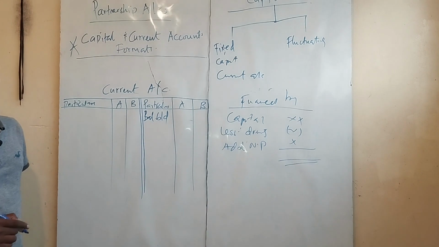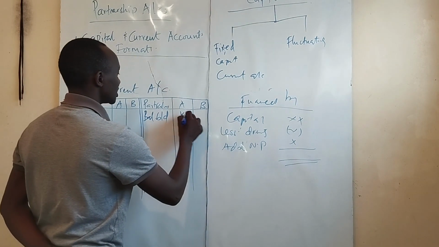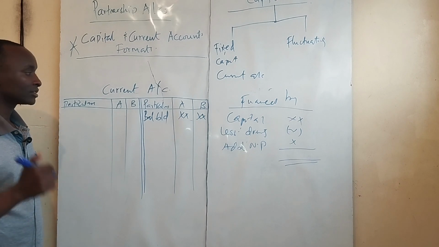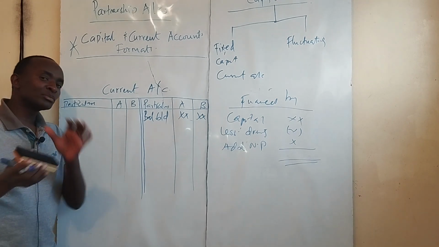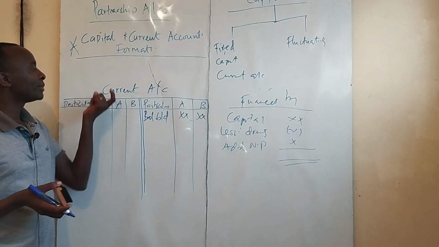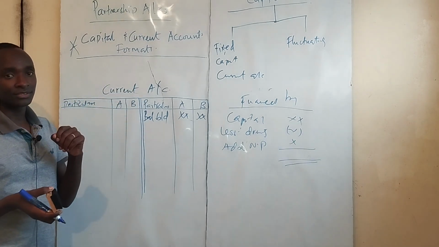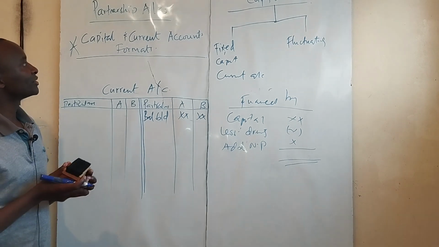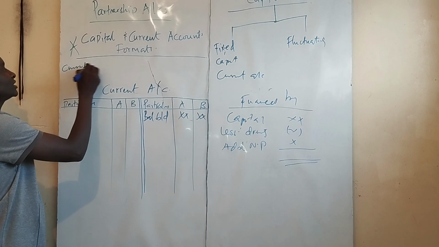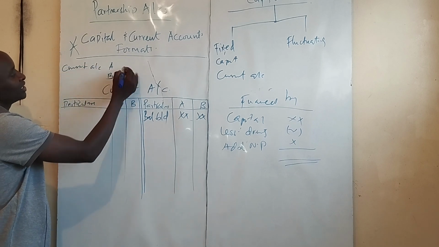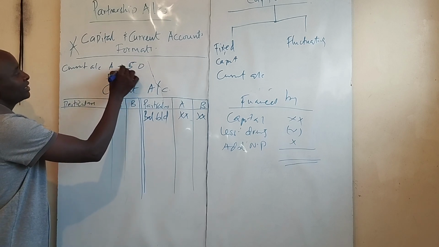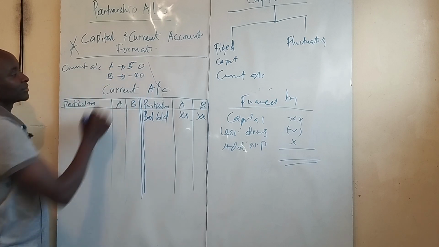The balance brought down in most cases you'll find on the credit side, right? Yes, on the credit side. But don't be shocked to find an examination question where the balance of the current account is negative. You may be told that in the current account, partner A is 50, and partner B is negative 40.